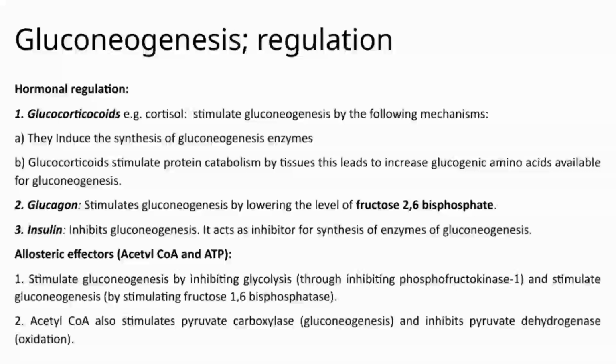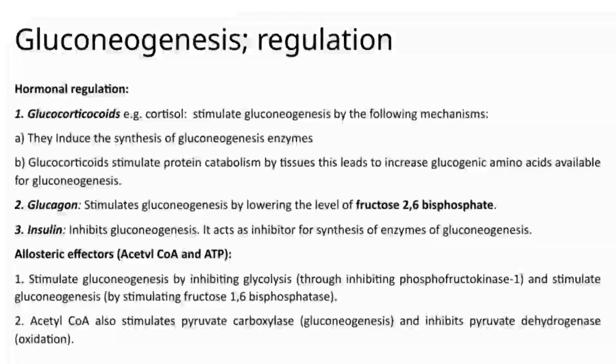Moving on to allosteric effectors like acetyl-CoA and ATP, these molecules also regulate gluconeogenesis. They stimulate the process by two main actions. First, they inhibit glycolysis by inhibiting phosphofructokinase 1, which reduces glucose breakdown in the cell. Second, they promote gluconeogenesis by activating fructose 1,6-bisphosphatase. Specifically, acetyl-CoA has an additional role.